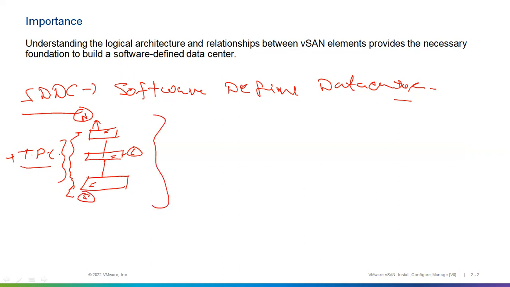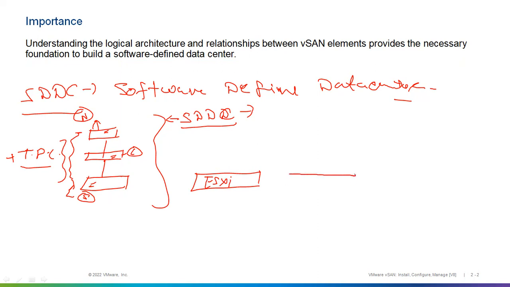But when we say software-defined data center, it actually means all my parts are software-defined. So for compute being software-defined, we put a hypervisor, primarily ESXi from the entire vSphere suite from VMware.